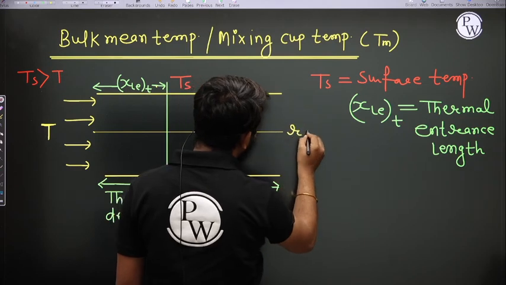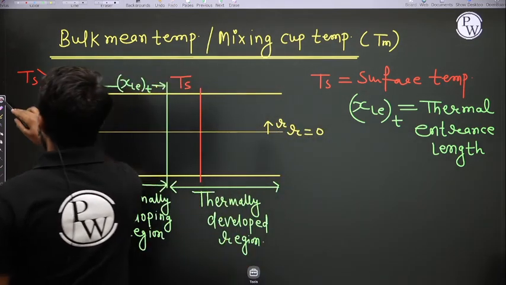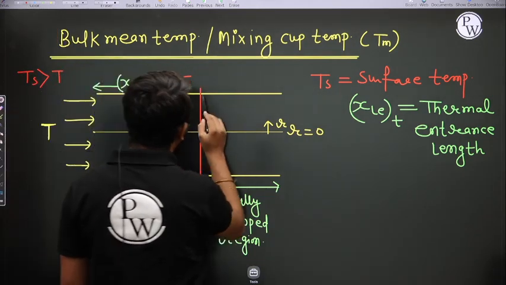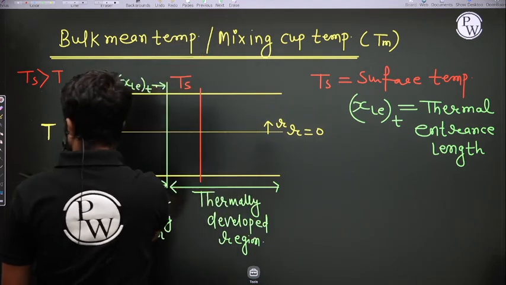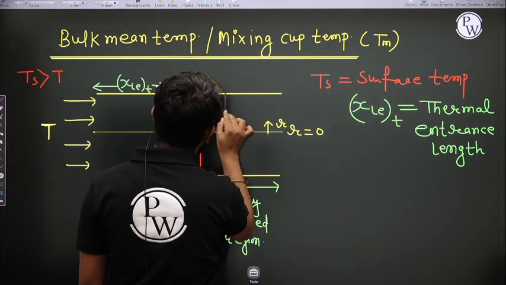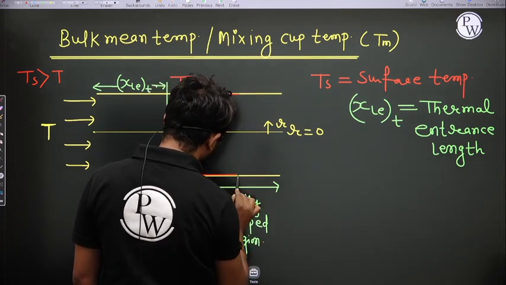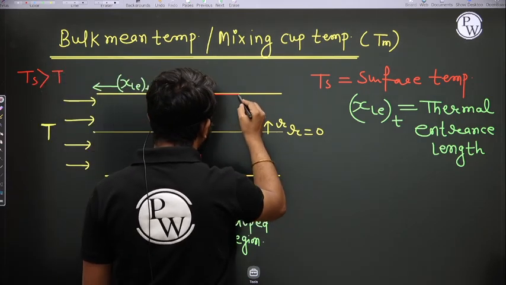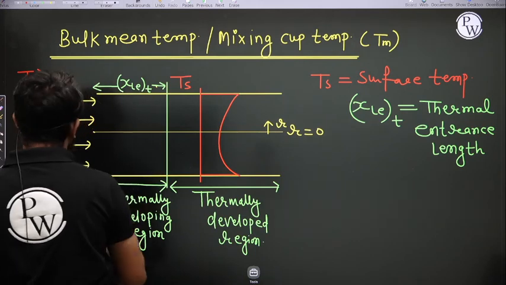R is equal to 0 here, and this is the radial direction. Now see here, Ts is greater than T, so at this particular section, the temperature variation is like this.